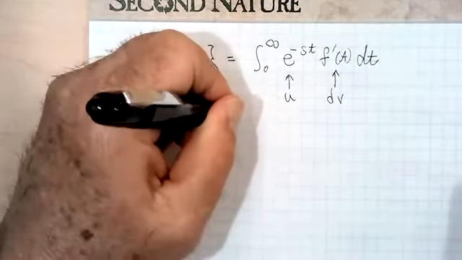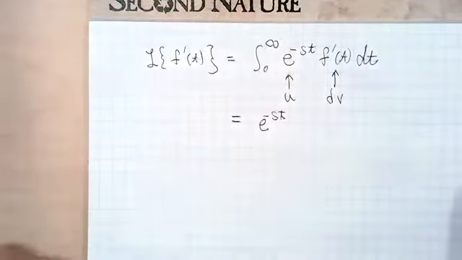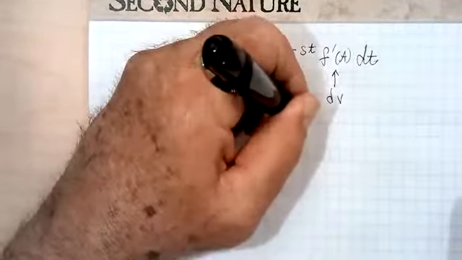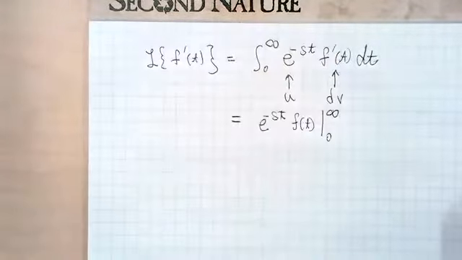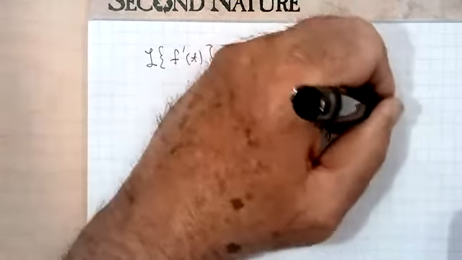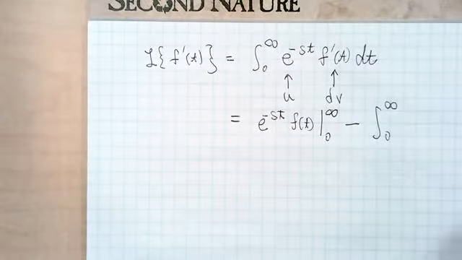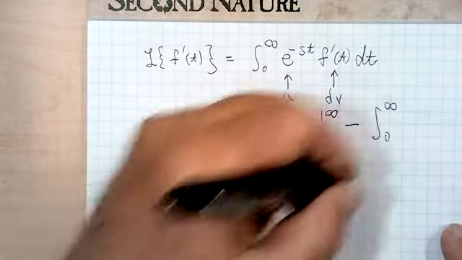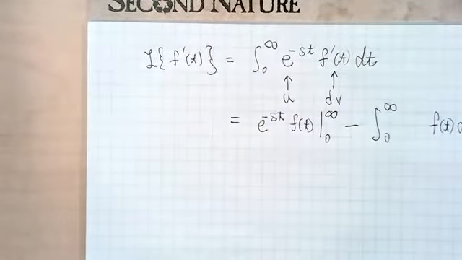So let's use the parts formula. u is e to the minus st, times v, which would be the antiderivative of the derivative of f at t, minus v, that's f at t, du.